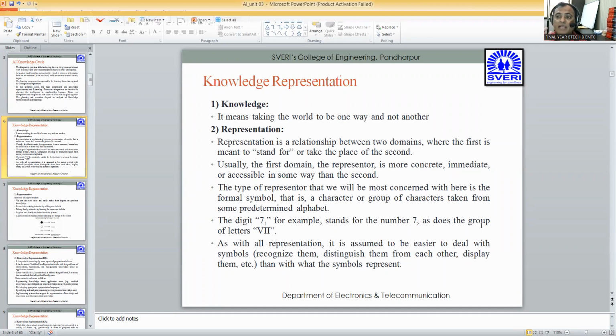The digit 7 can be represented as the number 7, or as a group of letters like seven. You can see it both ways. If I talk about the digit 7, there is the number 7 and also the group of letters seven. That is nothing but representation.